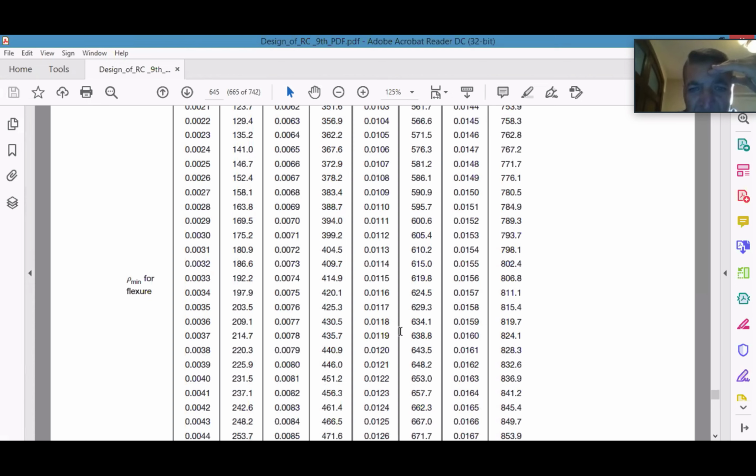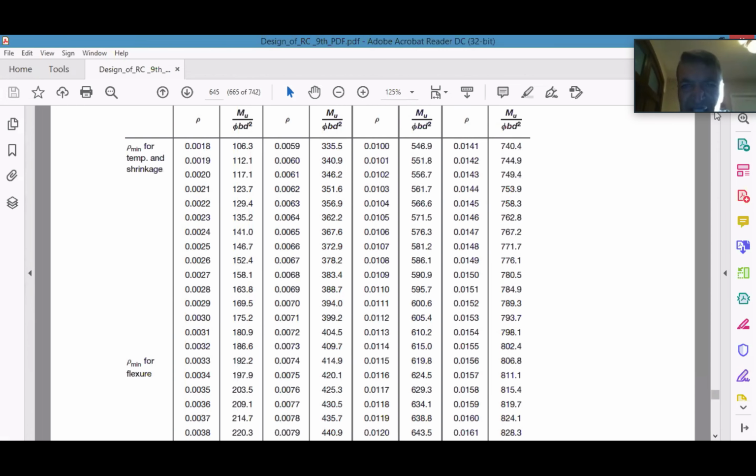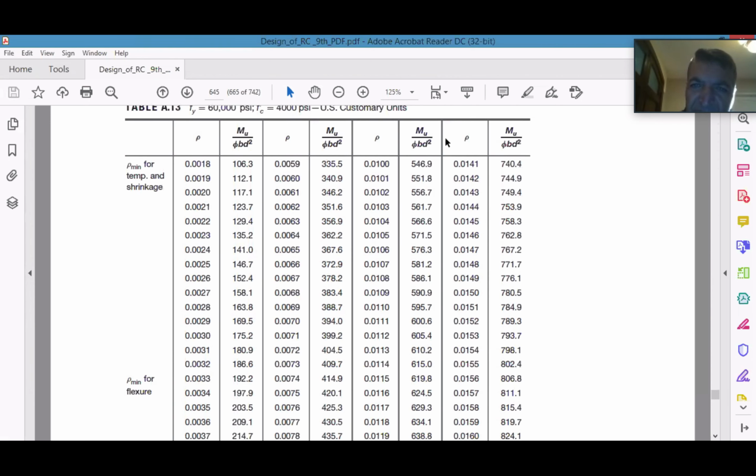Okay, 0.012 is right there. You see my mouse? Look at the value, 643.5. What is that? That's Mu over phi bd squared. All right, as simple as that.